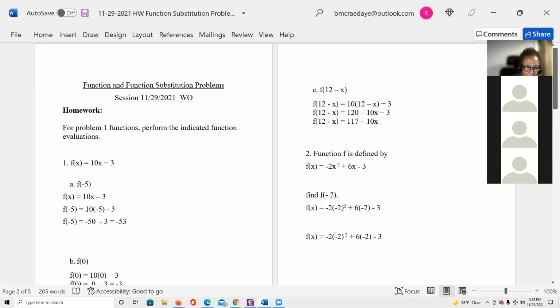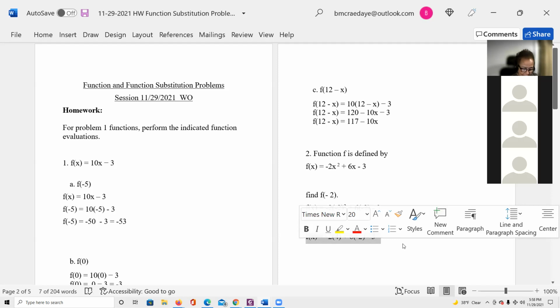Yeah, this is a plus 4. So a minus 2 squared is just a plus 4. Okay, so we squared it. So let's take out the square. We have a minus 2 times a plus 4, plus 6 times a minus 2, minus 3.